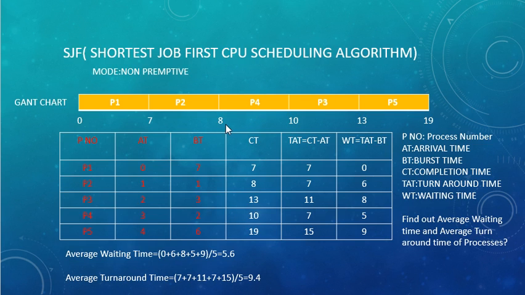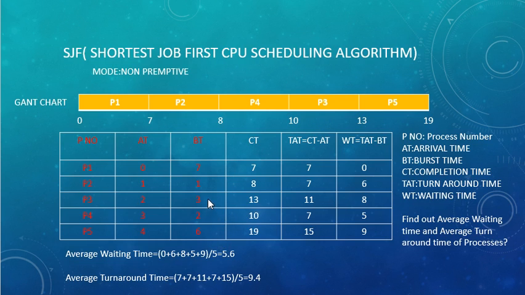That means P2 is completed at 8, and 8 plus 2 is 10, so P4 is scheduled. Next, the remaining processes are P3 and P5.